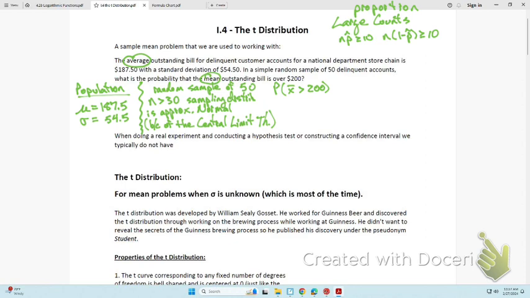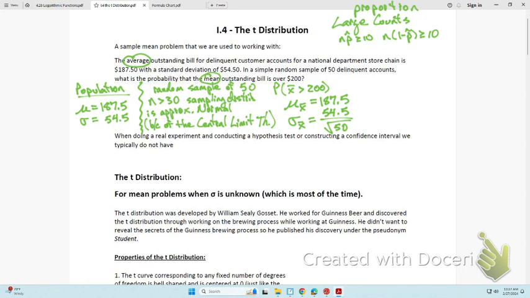To answer this, you have to find the new standard deviation. You kind of luck out with the mean because it stays the same. But the new standard deviation gets altered by that sample size because you have to divide by the square root of 50. So we had this in Sampling Distributions, Chapter 7.